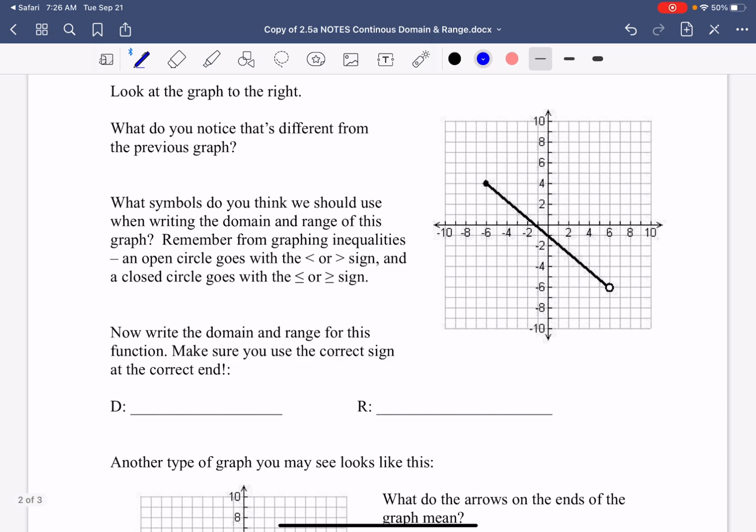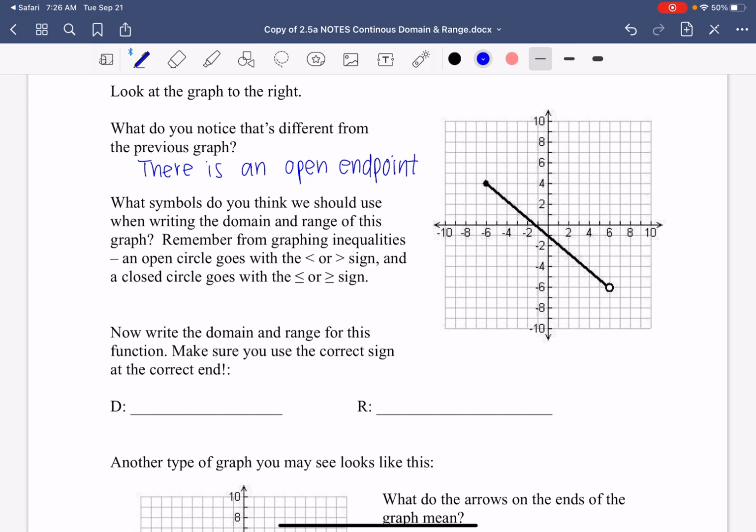All right, look at the graph on the right. What do you notice that's different from the previous graph? You should notice that our most bottom point is not included. Okay, there is an open endpoint. So what that changes is the sign that we'll use.